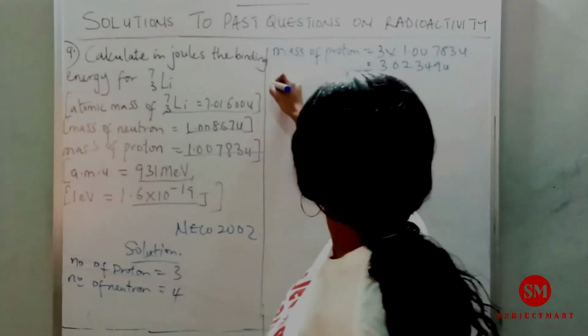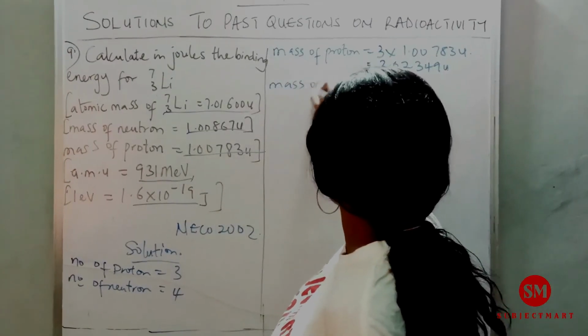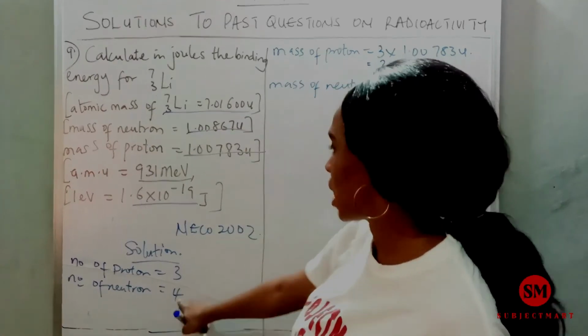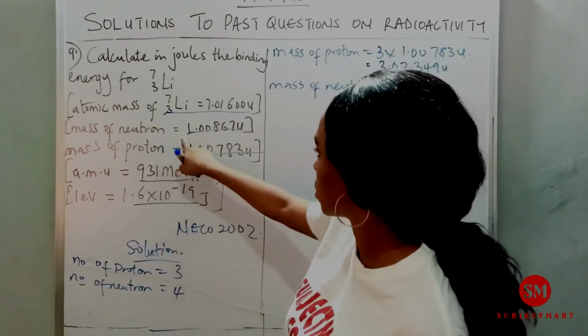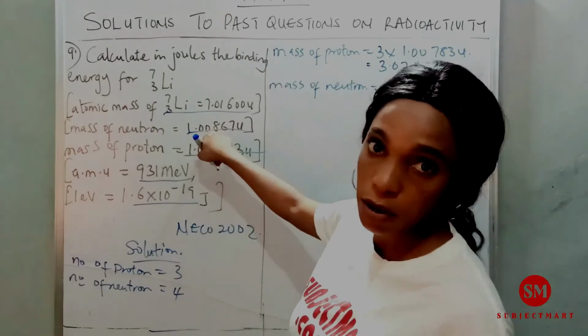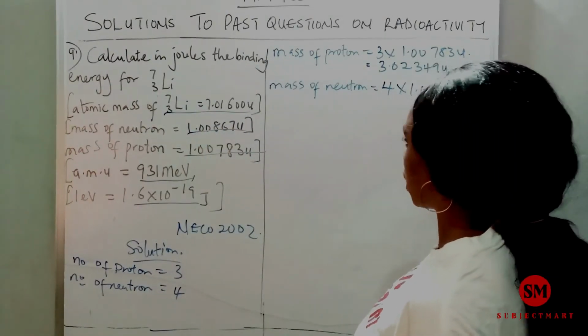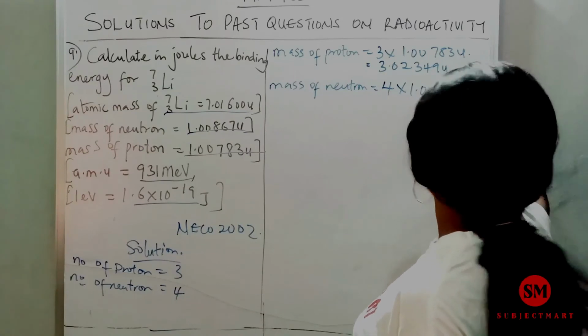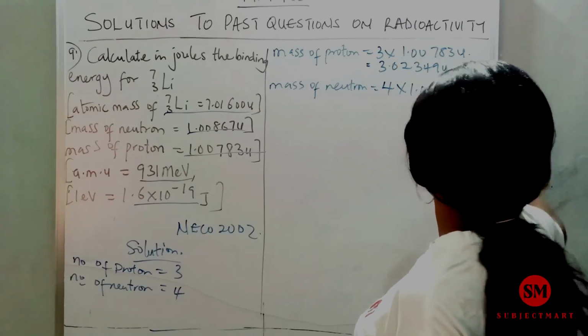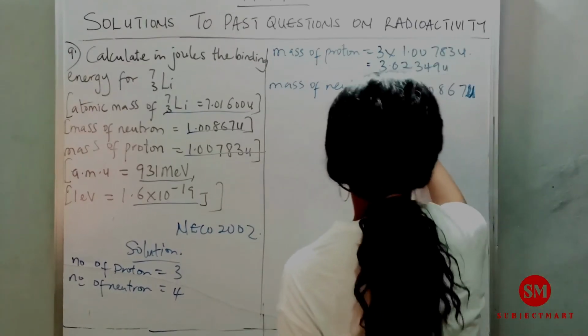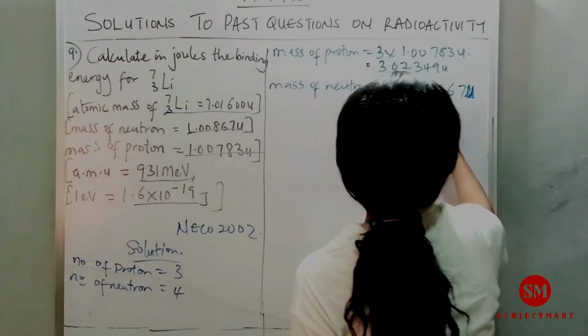Then I go ahead to find the mass of the neutron. We said it's 4, that's 4 times, this is the mass of neutron. So I have 4 times 1.008677, and that will give me 4.03468.